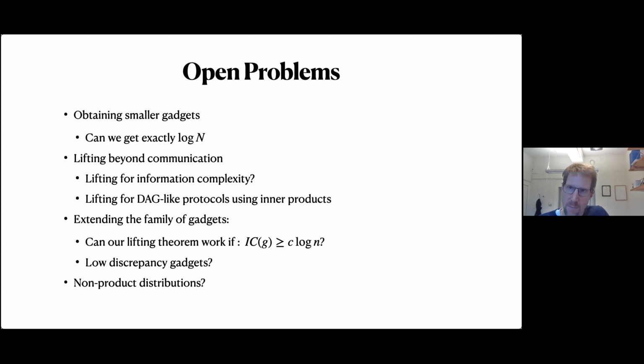Would it somehow help? Or is it the case that all of these lifting theorems basically just hide the inputs, and that's why they work for relations and really anything? Yeah, and that's why we are unable to push the gadget size further down.